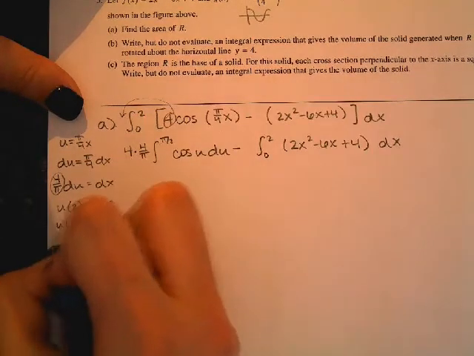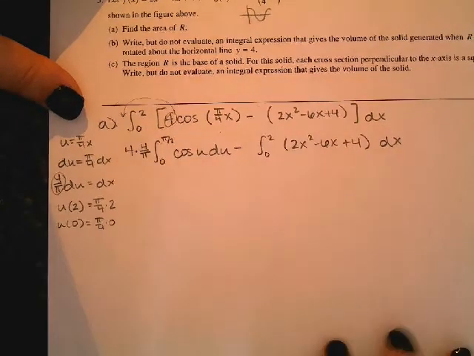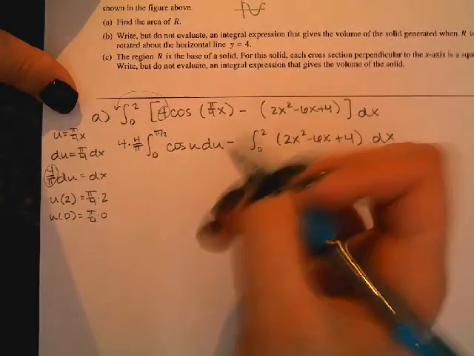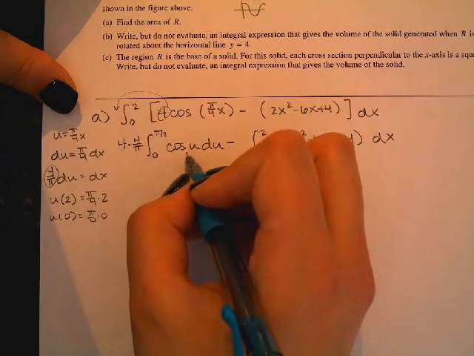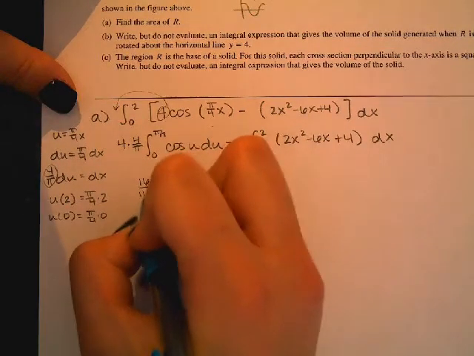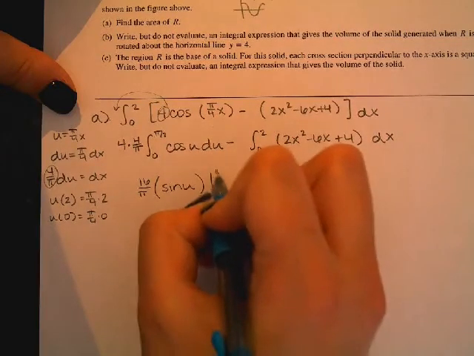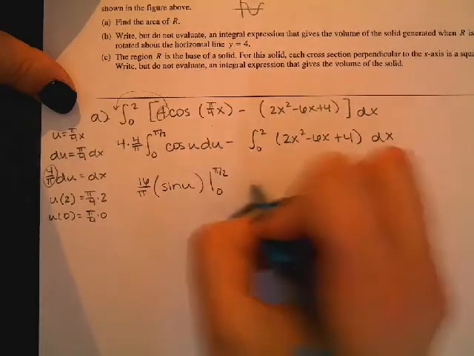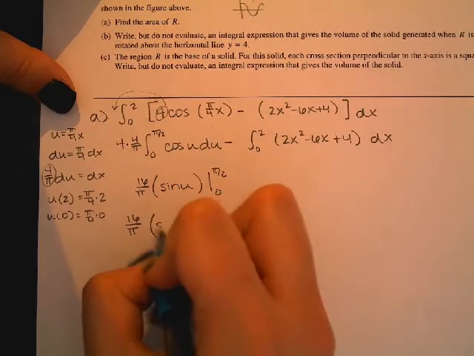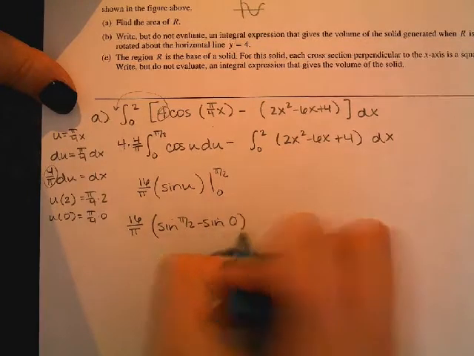And if I plug in 0, I get pi fourths times 0, which is just 0. So I've converted everything to u. The antiderivative of cos is sine. So I have 16 over pi times sine u evaluated from 0 to pi halves. So 16 over pi times sine of pi halves minus sine of 0.